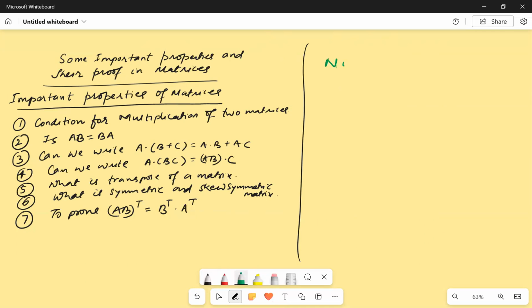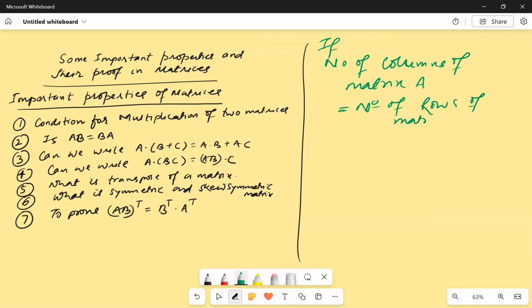If the number of columns of matrix A is equal to the number of rows of matrix B, then only can we multiply two matrices.